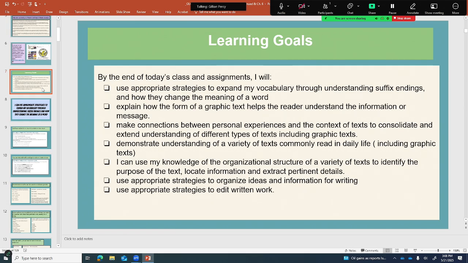Demonstrate my understanding of a variety of texts commonly read in daily life. Use my knowledge of the organizational structure of a variety of texts to identify the purpose, locate information, and find pertinent details. I can also use appropriate strategies to organize my ideas and information for writing, and use appropriate strategies to revise and edit my work.